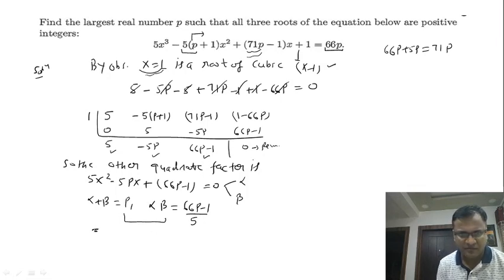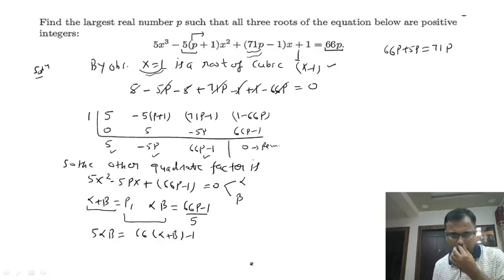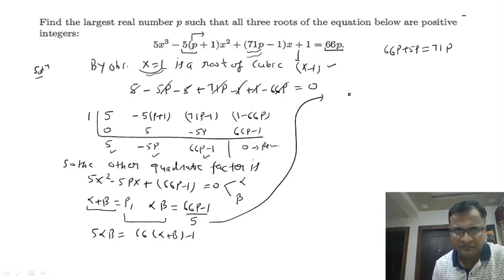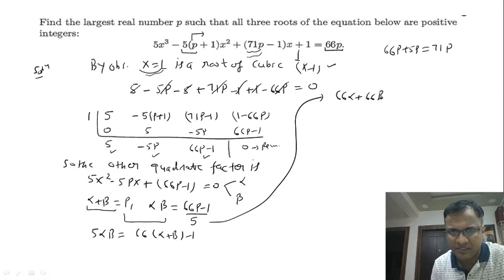We can write 5 alpha beta equals 66p minus 1, but the value of p is alpha plus beta. So here we can write 66 alpha plus 66 beta minus 5 alpha beta equals 1.